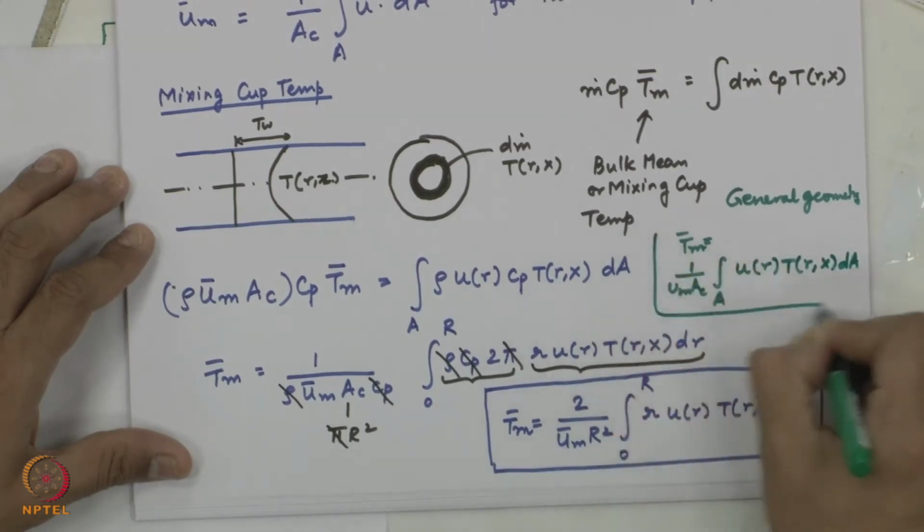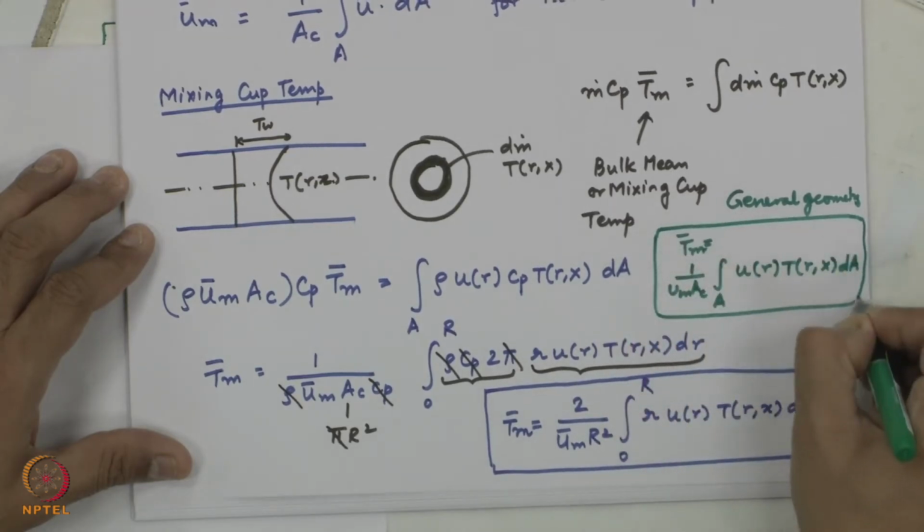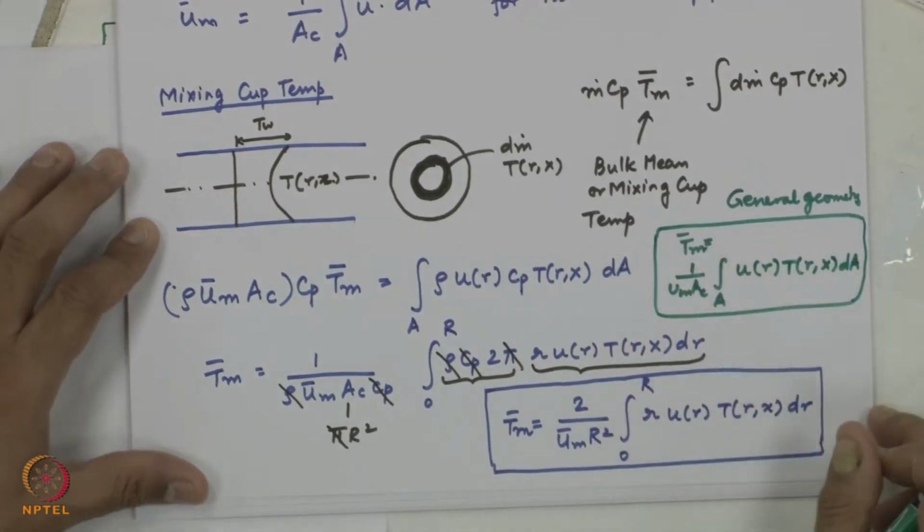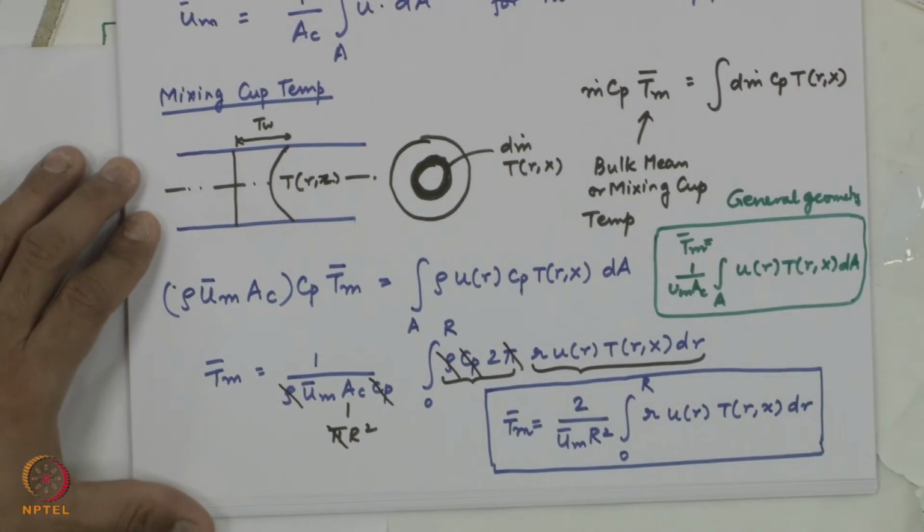This is what your expression will be. For a circular pipe, the substitution of dA as 2 pi r dr will work, and you are going to have this particular expression for a circular pipe.